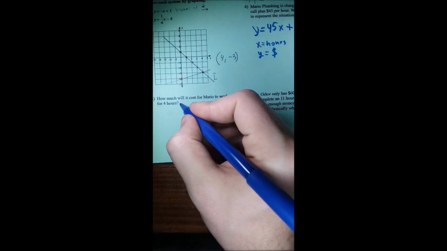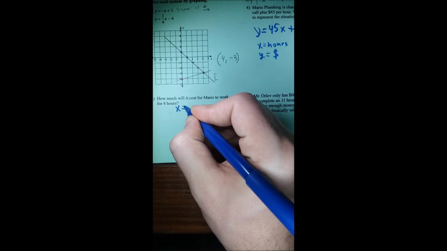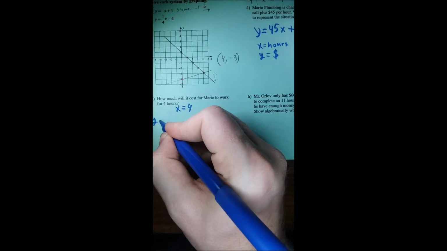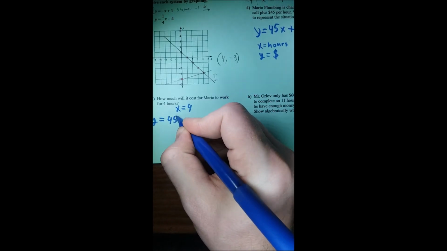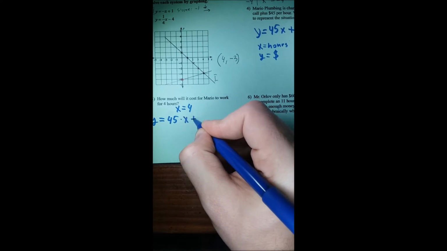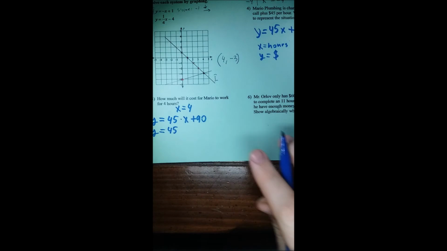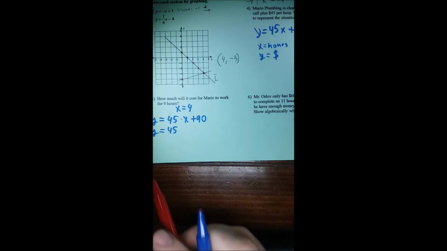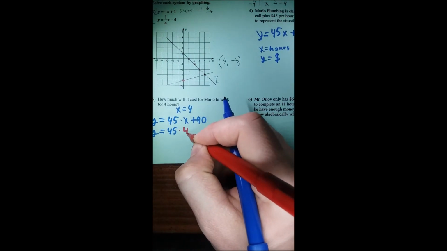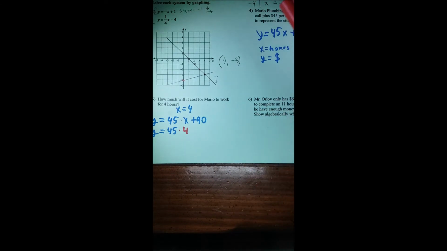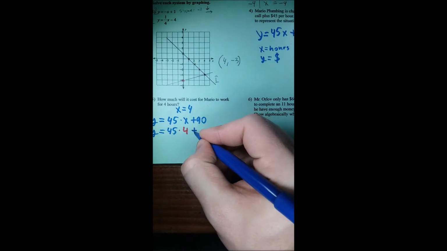Now how much will it cost for Mario to work 4 hours? Question number 5. 4 hours means x equals 4. So now our equation goes y equals 45 times x plus 90. Y equals 45, and instead of x, you already wrote down 4, because x equals 4, and it's a substitution here, plus 90.